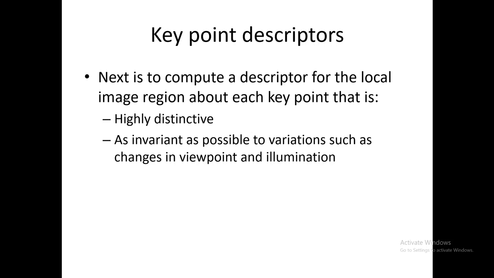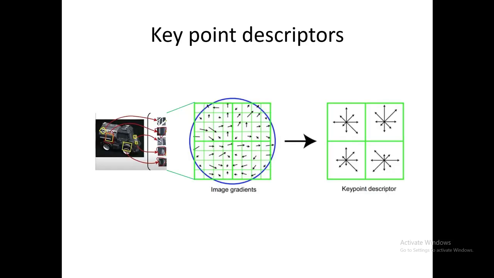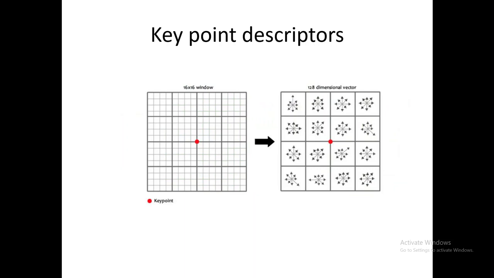We're going to build a feature vector of some length based on the property of histogram of gradient. To do this, we take a 16 by 16 window around the keypoint.